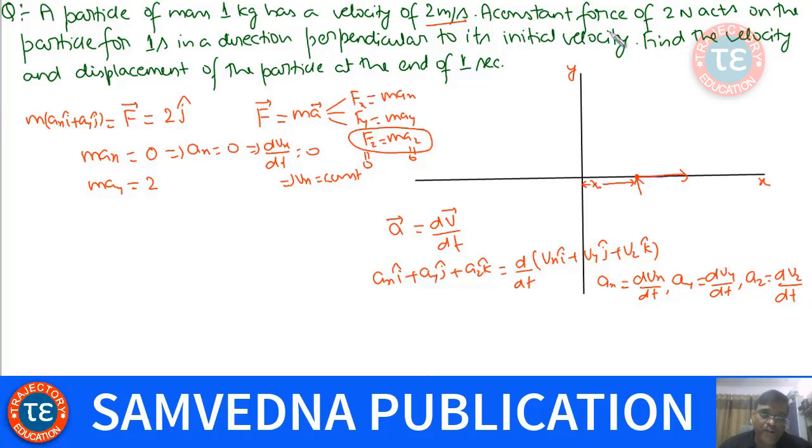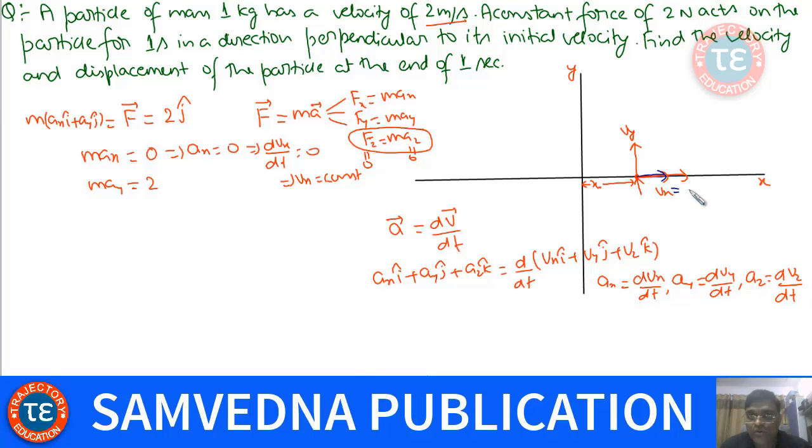If your force is acting in y direction, it is going to affect motion in y direction only. It's not going to affect motion in x direction. Here the motion will become two-dimensional. This force will create a velocity component in this direction, and you already have a velocity component in this direction.